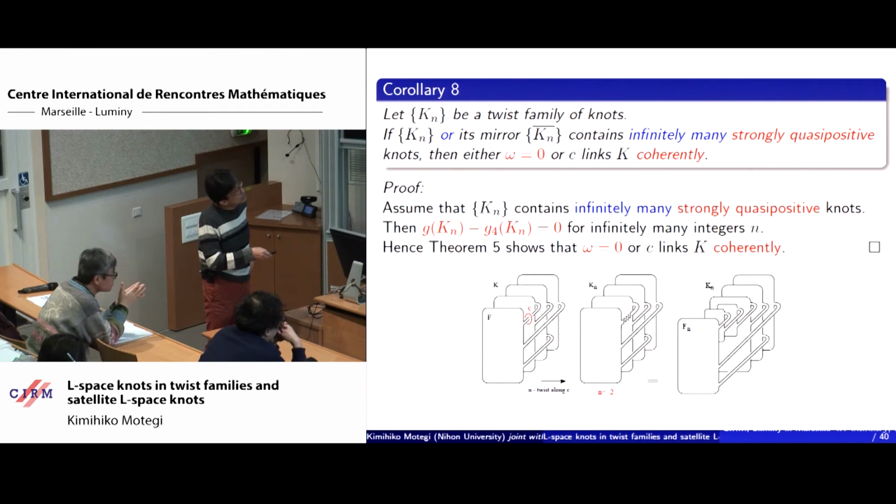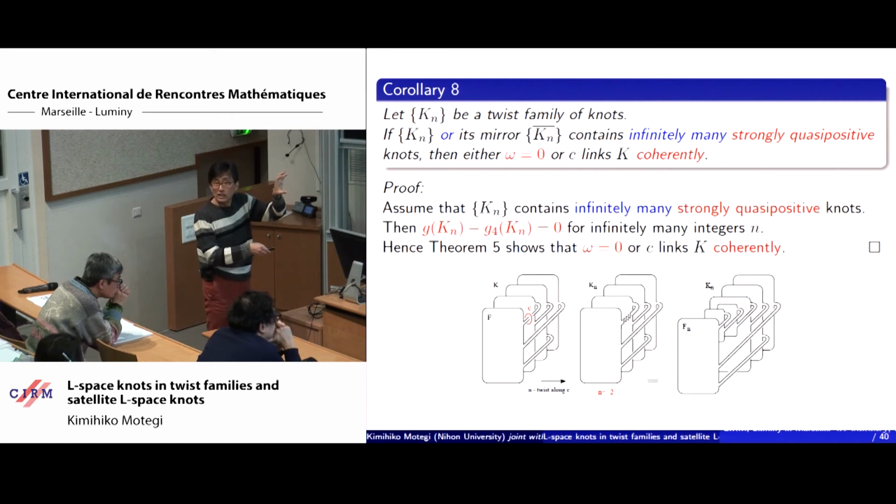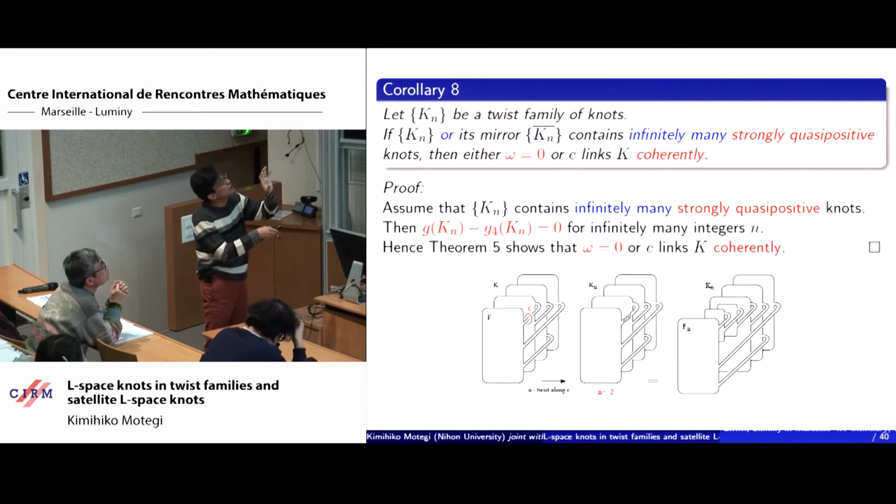And slightly modify this twisting part, fattening it a little bit, to obtain the third picture. And obviously, this is a quasi-positive Seifert surface. So by definition, its boundary K_n is a strongly quasi-positive knot. So actually, this situation can happen for strongly quasi-positive knots.